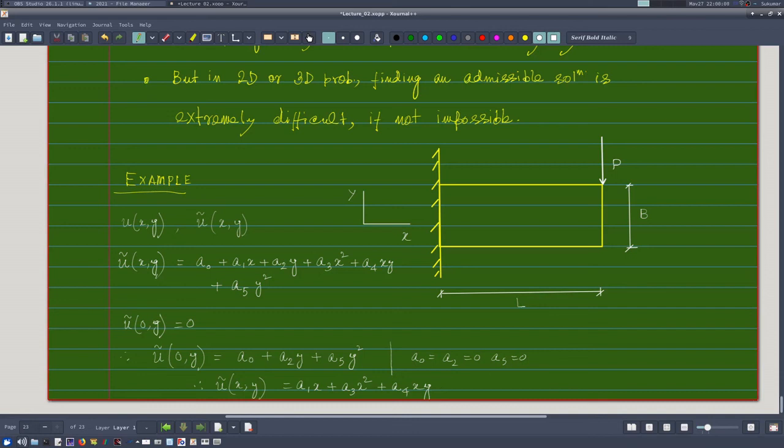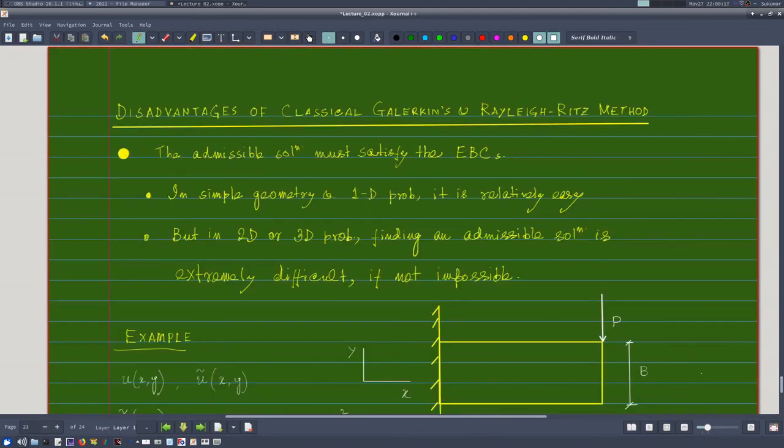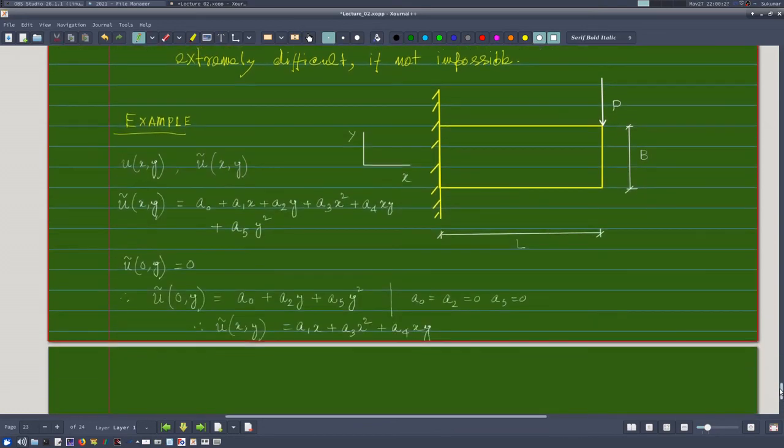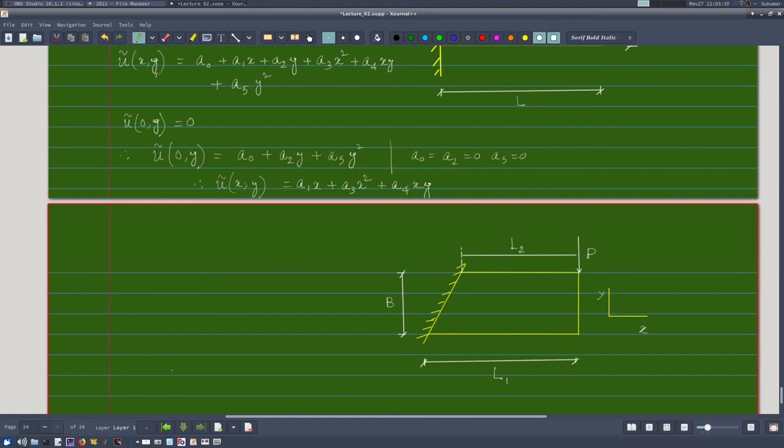In a similar manner, the situation may be more complicated if, instead of this rectangular plate, suppose this support is inclined. Let me draw another figure. So this is my inclined support, a rectangular plate supported at an inclined support, and this end is fixed.